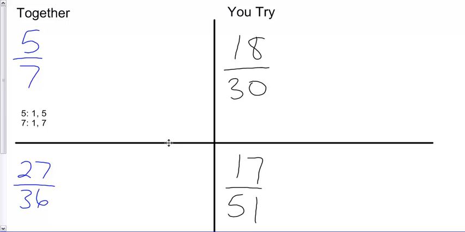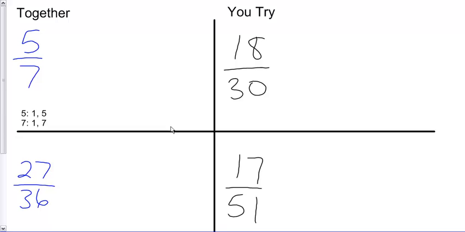Now I'm going to use my vast knowledge of basic facts to come up with what is my GCF of 27 and 36. So let's say I'm going to divide by, what do you think I should divide by? 9?